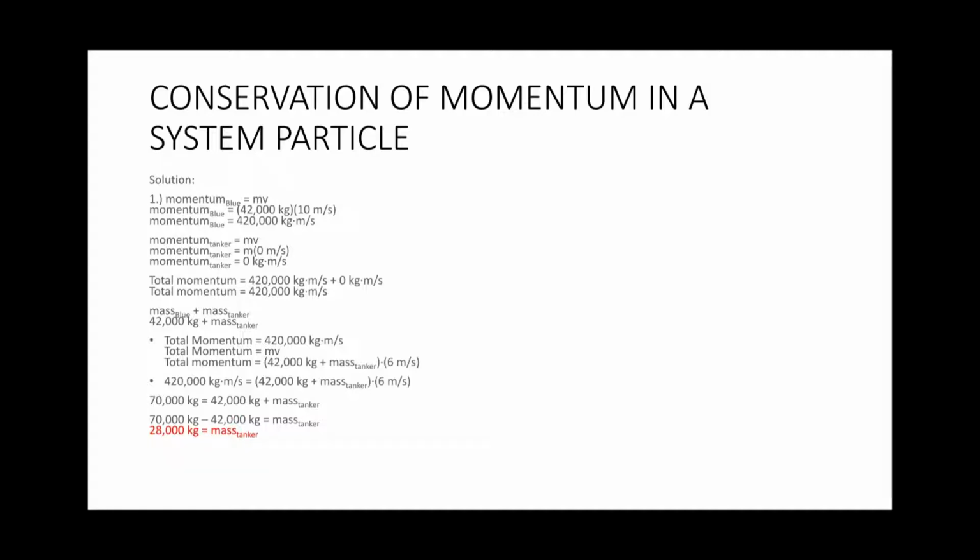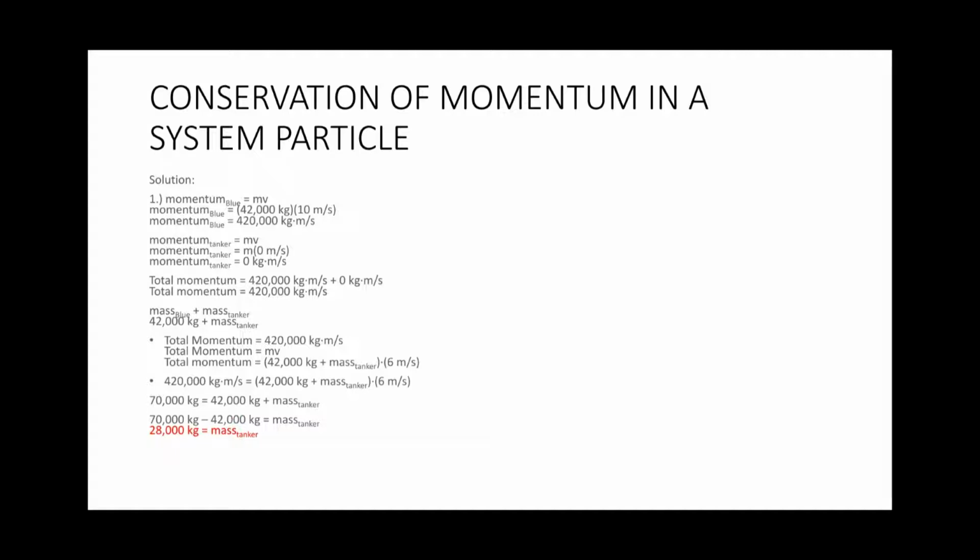That's the total momentum. After the collision, the two cars couple together into one mass. This new mass is mass blue plus mass tanker, which equals 42,000 kilograms plus mass tanker. The new pair of cars is traveling at 6 meters per second. Because momentum is conserved, the total momentum of the cars after the collision is equal to the momentum prior to the collision, 420,000 kilogram meters per second.